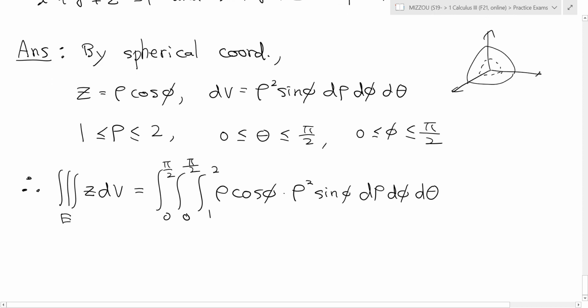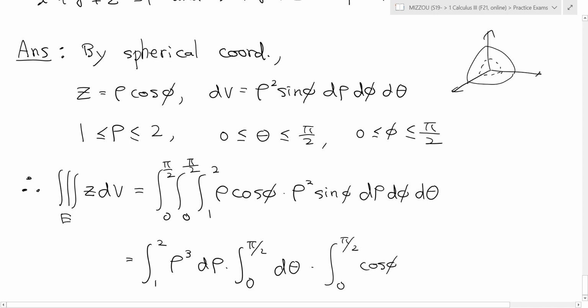Okay, and then this can be actually rewritten as, if you just group together the variables, rho's are here, d rho, times theta is just d theta. There's no theta appears in the integrand. And then phi is cosine phi sine phi d phi.